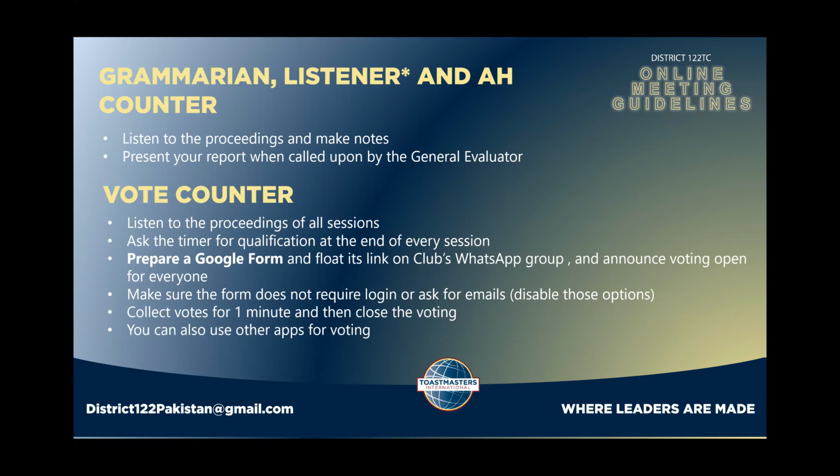Please untick the option of collecting email addresses, and please untick the option of forcing people to log in, because that just creates hurdles. Keep everything open, and instead just open the voting for 1 minute, and after 1 minute, poof, it's closed.